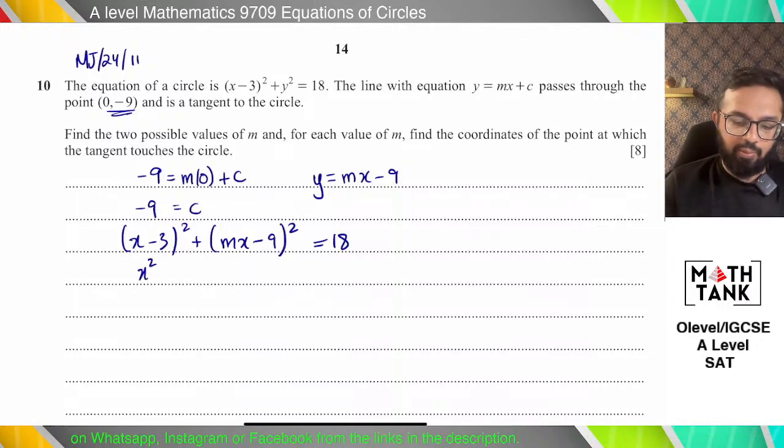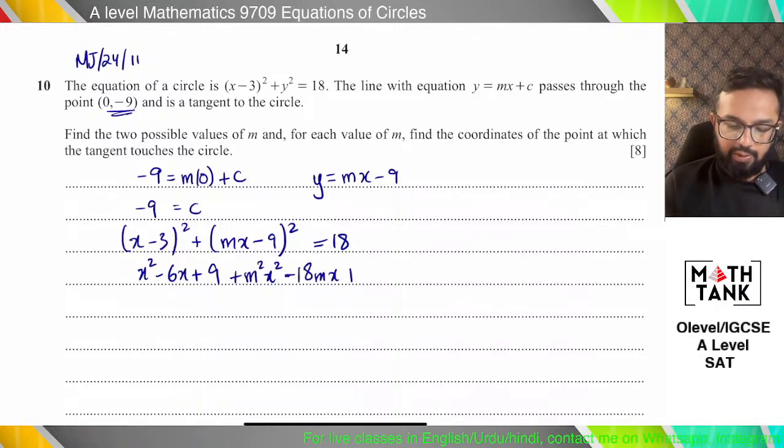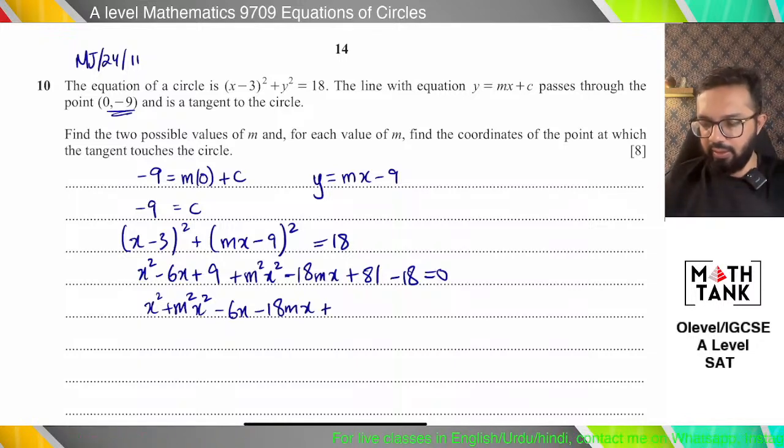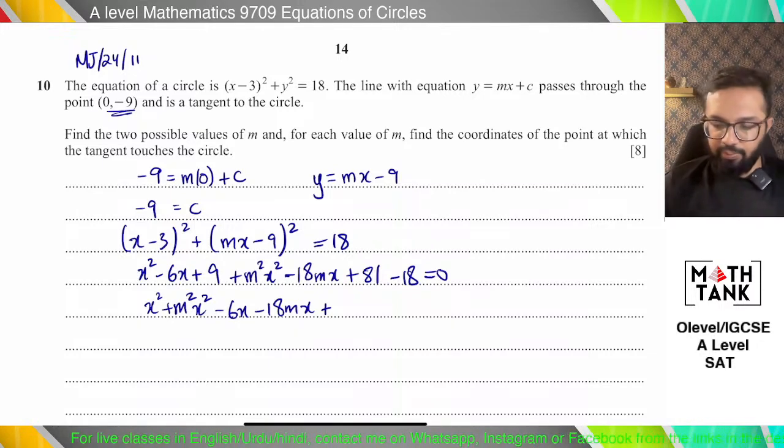So x² − 6x + 9 + m²x² − 18mx + 81 − 18 = 0. So x² + m²x² − 6x − 18mx, and 81 − 18 plus 9 is 72.